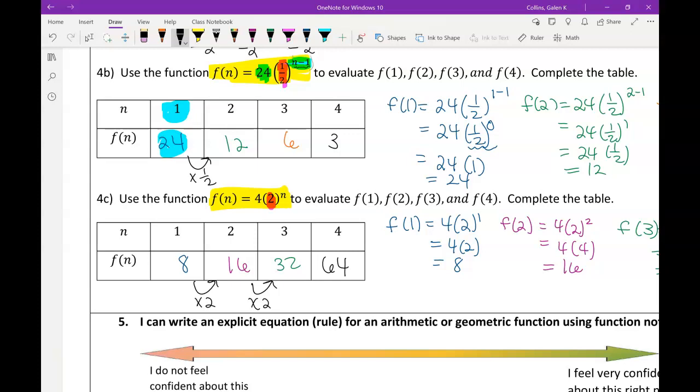Now, what I also notice is that the number 4 that is right here is not actually in my table. But in the example above that looks so similar, the 24 was in our table. That was our first term, and we also noticed we had n minus 1 here. What I'm wondering about is, what if I thought about this n as n minus 0?